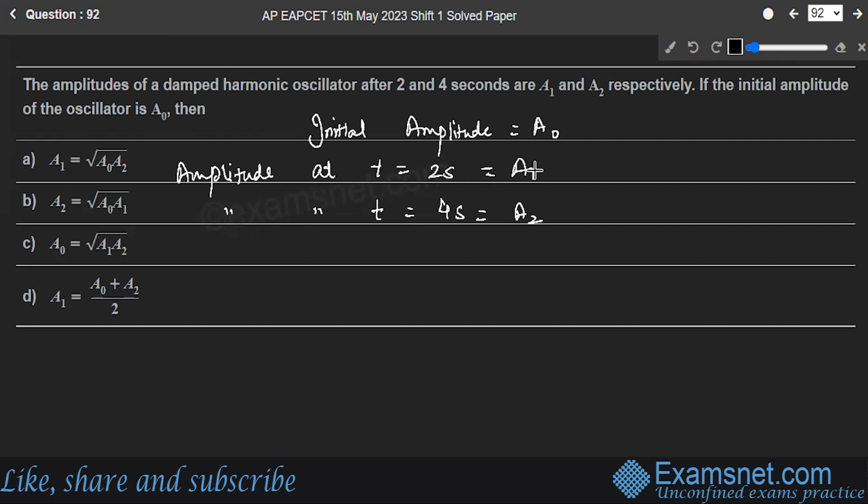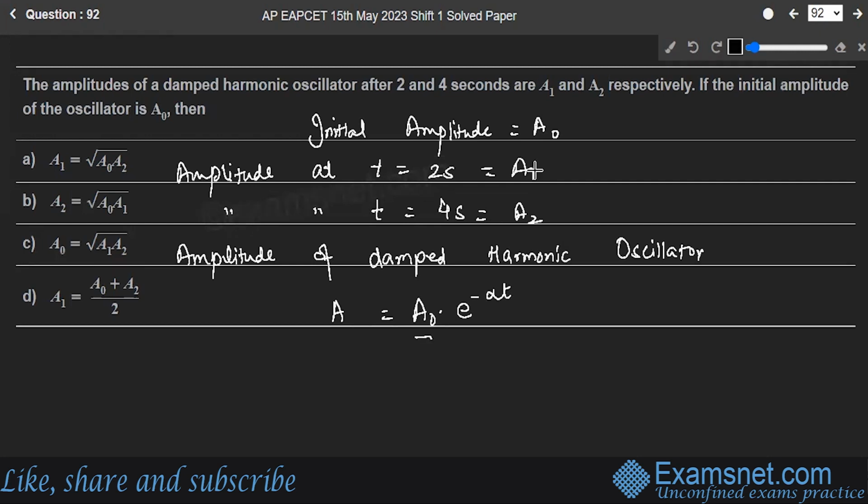Amplitude of the damped harmonic oscillator is given by A is equal to A naught into E power minus alpha into t, where A naught is your initial amplitude and A is your amplitude at any time t.